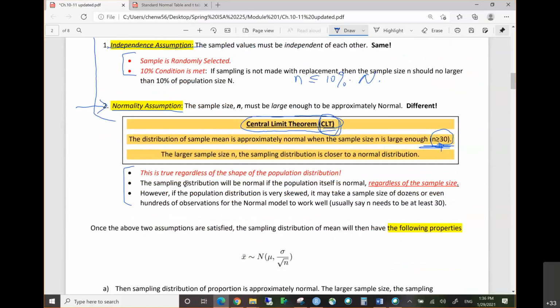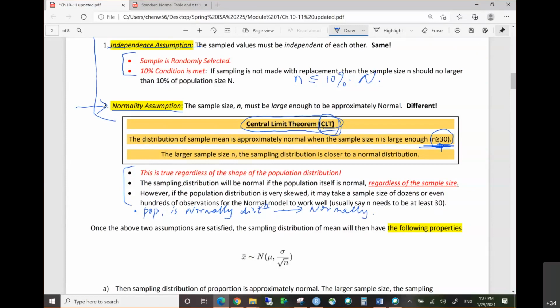So that means the first thing, if the population itself follows the normal distribution, then the sampling distribution of mean is also normally distributed, regardless of the sample size. It doesn't matter what your sample size is.